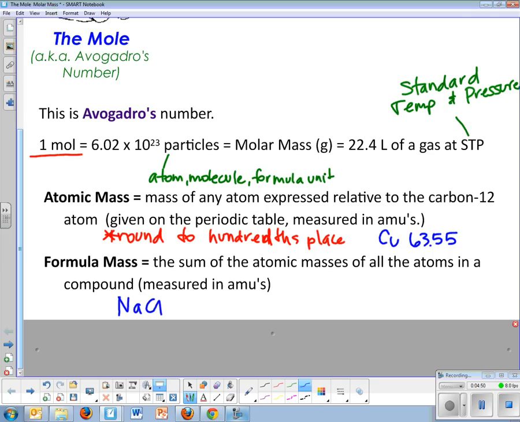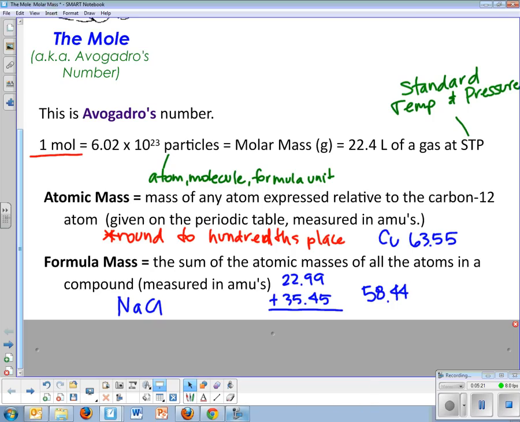We've got 1 sodium, we've got 1 chlorine, so we add them up. So sodium is 22.99 plus chlorine's 35.45. When you add these up, you get 58.44.